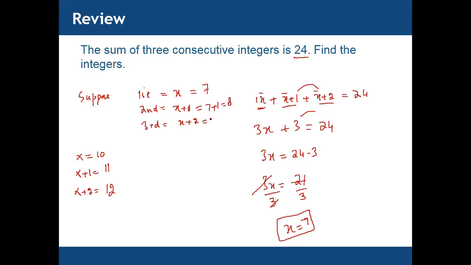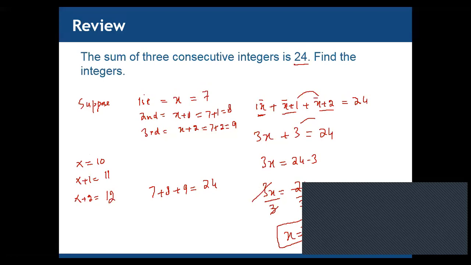And the third one is 7 plus 2, which means 9. So when we add all, 7 plus 8 plus 9, these consecutive numbers, the sum will be 24. Clear? The sum is 24? Yes, the sum is also 24.